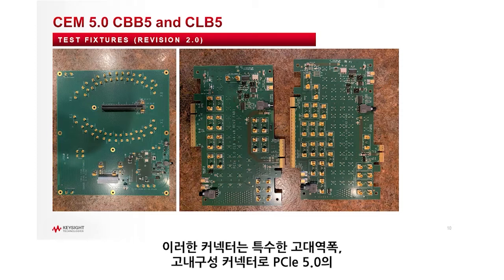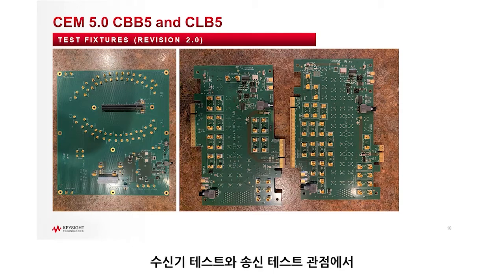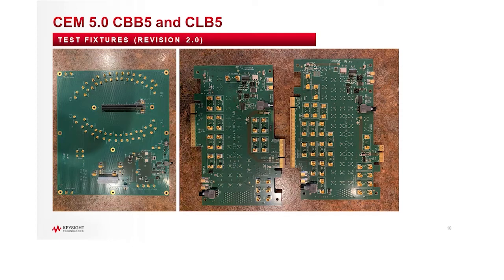These are special high bandwidth, high durability connectors that help to facilitate the higher bandwidth requirements of PCI Express 5.0. But we will use these fixtures in a similar fashion to the way we used these fixtures with PCI Express 4.0 from both a receiver test and a transmit test perspective.